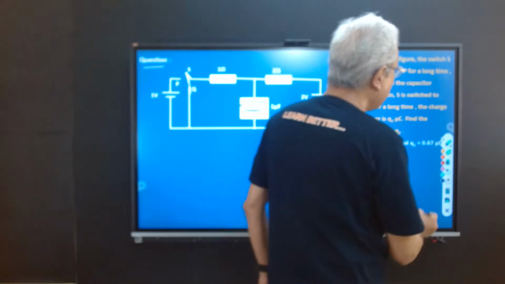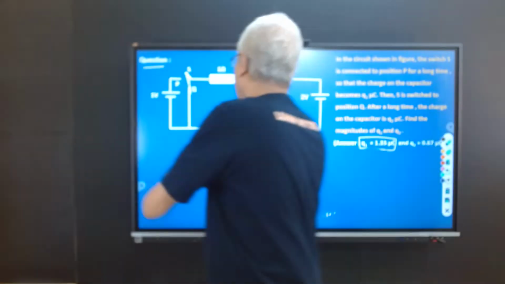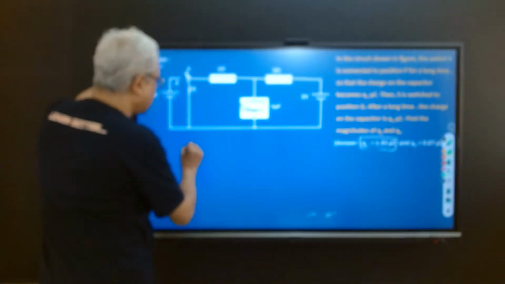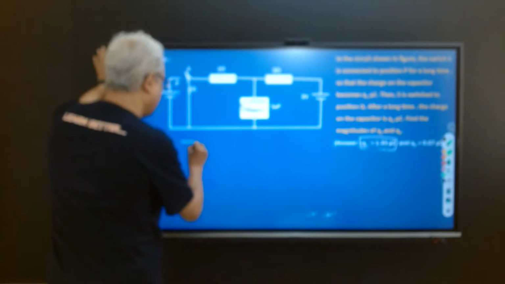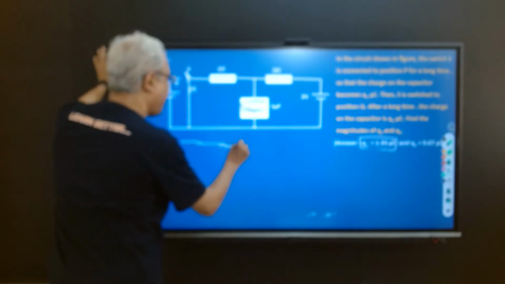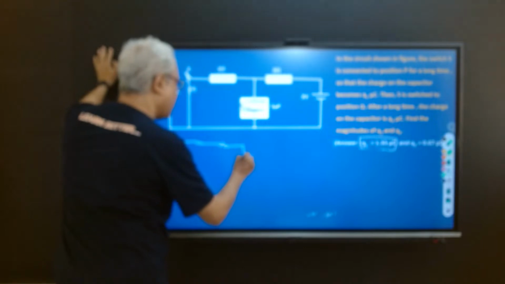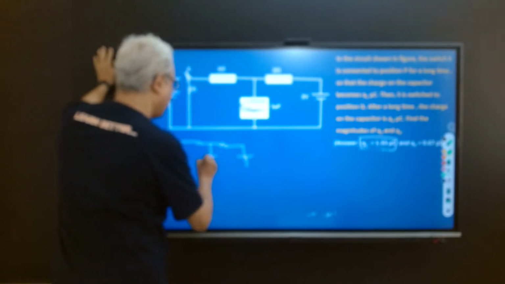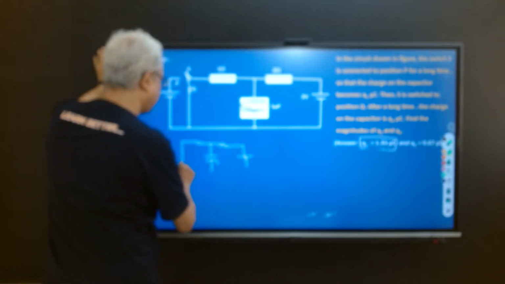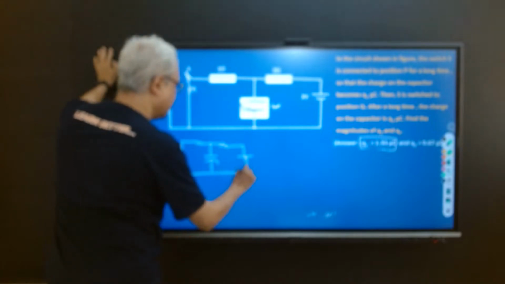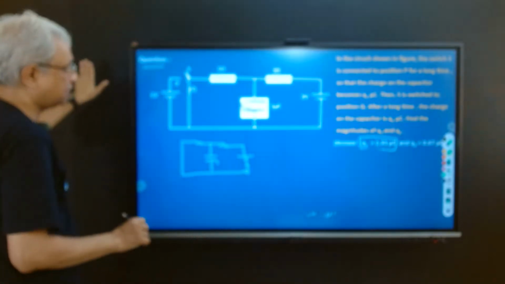Okay. Now how does the circuit look like? Simple. There is only one battery because this battery is bypassed.